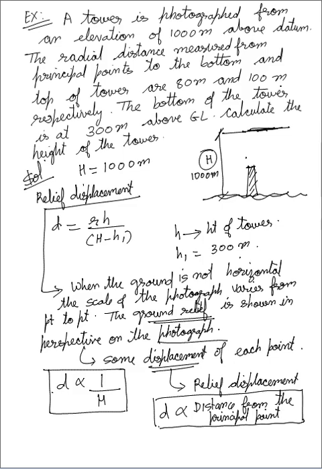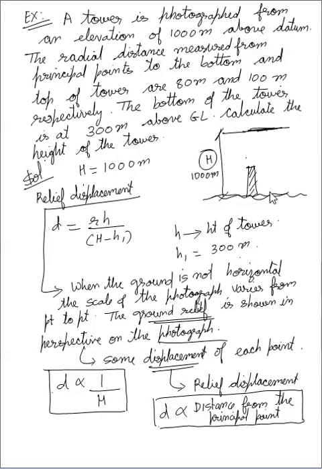Now there is another formula also for relief displacement: d is equal to r minus rho. Here basically we are taking the difference of the two radial distances.